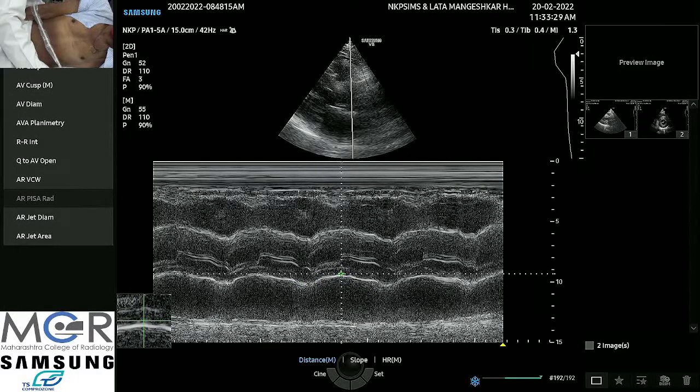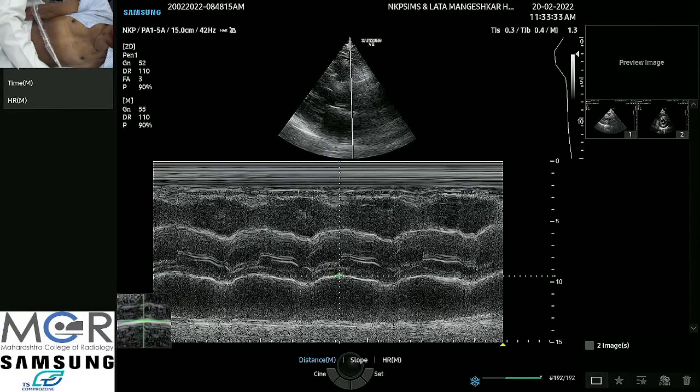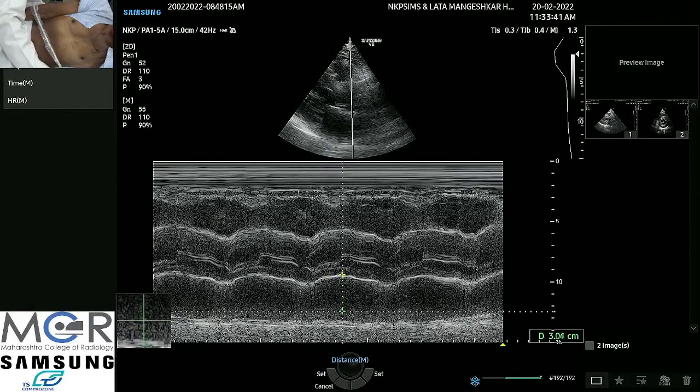I am just taking the measurement. This is the leading edge of the posterior wall of the aorta, and then go down. This is LA. LA is measuring 37.